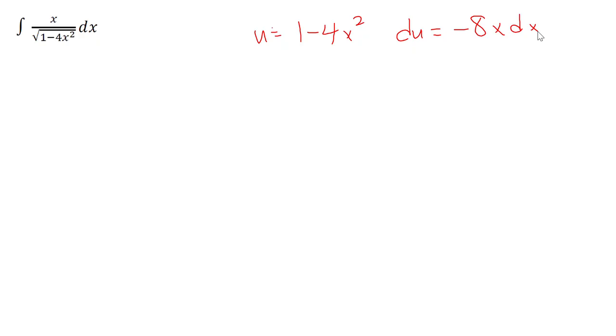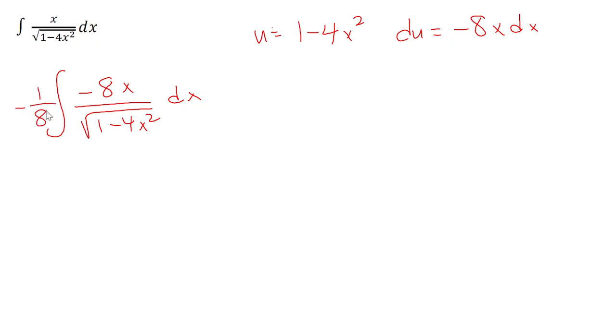We have the x part of it, and it's easy enough to multiply by negative 8 inside of that integral, as long as I multiply by a negative 1/8 outside of the integral as well. So now this will turn into negative 1/8 of the integral of du over root u. Well, 1 over root u is just u to the negative 1/2.